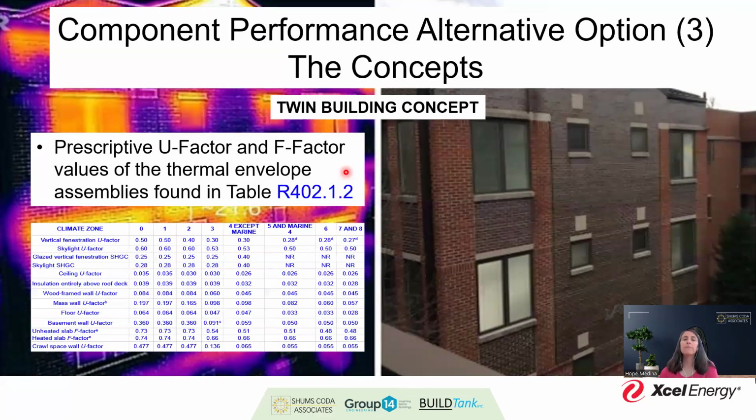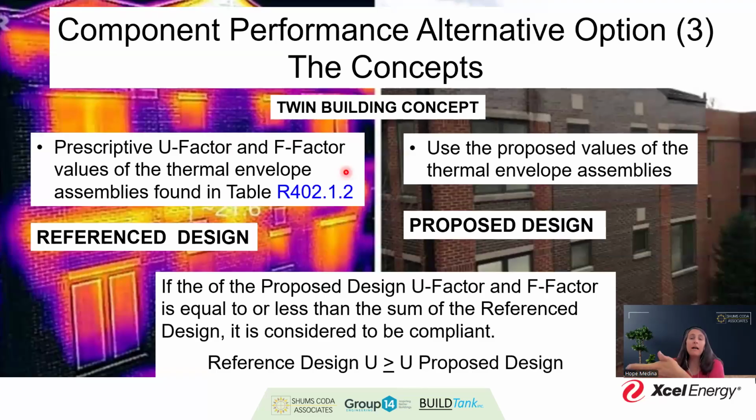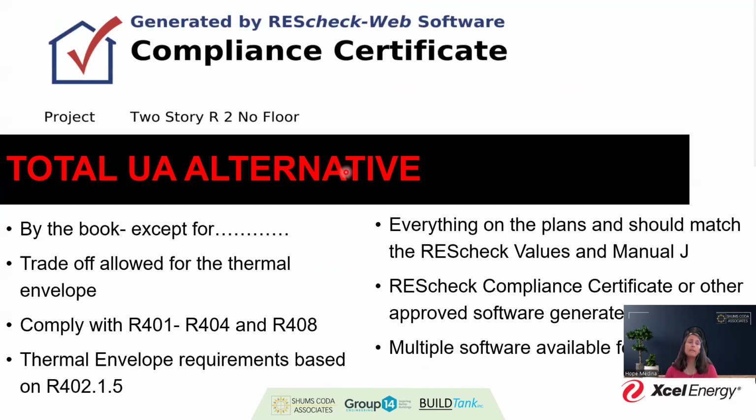And what you'll see down here, you'll see unheated slab and heated slab, the F factor, but it's still somewhat of a similar concept. Now, for the trading off that you're going to do in the building, you're going to use whatever values you input. When everything is said and done, as long as the proposed design demonstrates that the U factor and F factor are equal to or less than what the reference design is, it's considered to comply with the requirements that you find within the code.